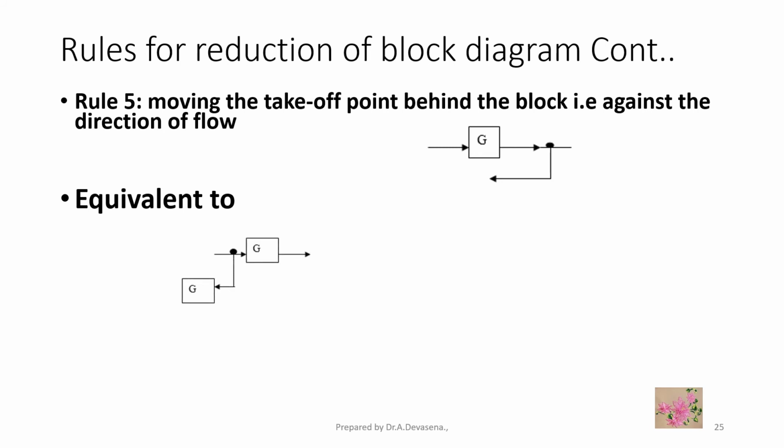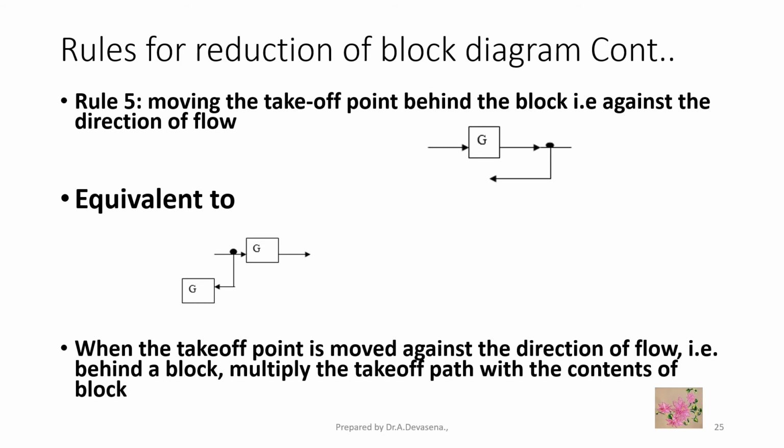Initially, the takeoff point is present in the output side. Now we have shifted the takeoff point towards the input side. So we have included a block G at the takeoff point path. That is, when the takeoff point is moved against the direction of flow, that is behind a block, multiply the takeoff path with the contents of the block.